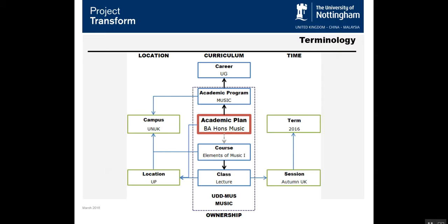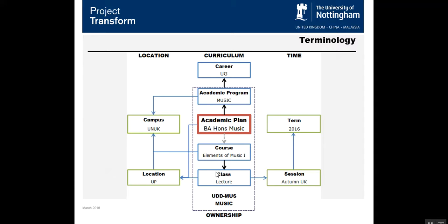Right, so here we've got an example. So in the middle, I've got my academic plan, BA Honours Music. That's attached to a parent academic program called Music, and that attaches the plan to a career, undergraduate, and to a campus, UK. Now, one of the courses that's part of that plan's program of study or course structure is Elements of Music 1.